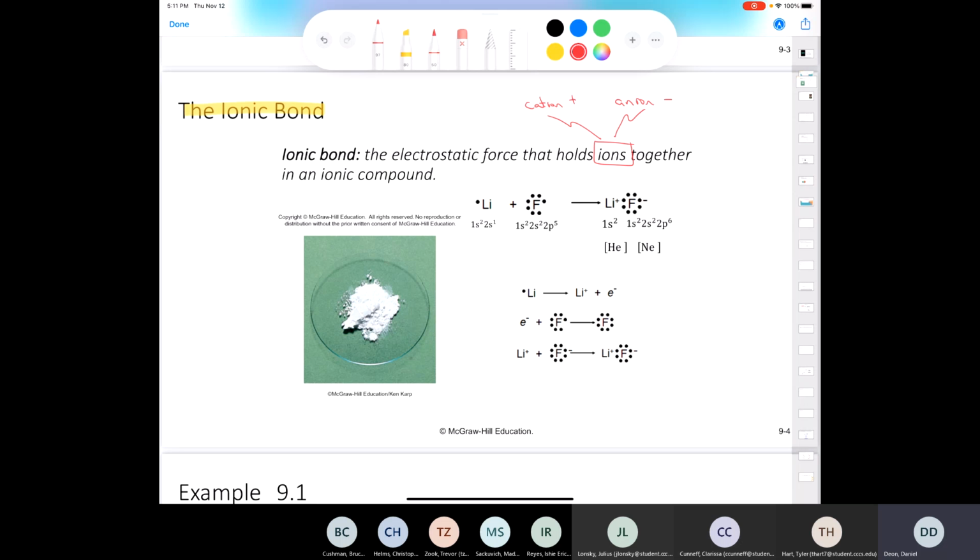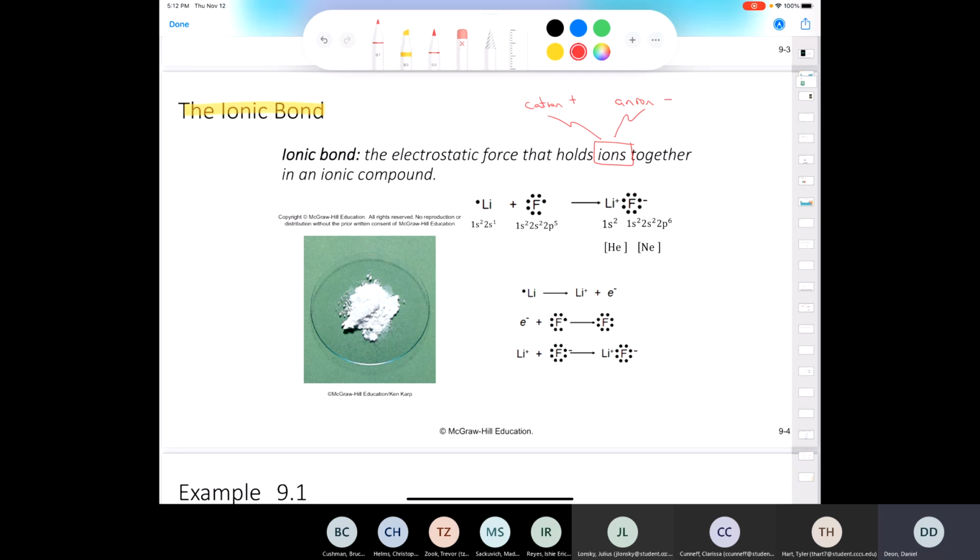So say, for example, we want to make an ionic compound from lithium and fluorine. Well, first of all, how would I know that lithium and fluorine are going to form an ionic compound? The reason is because lithium is a metal and fluorine is a nonmetal.